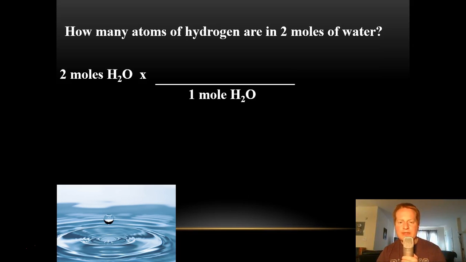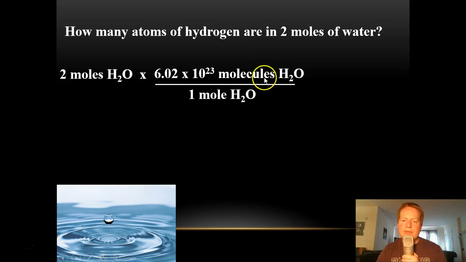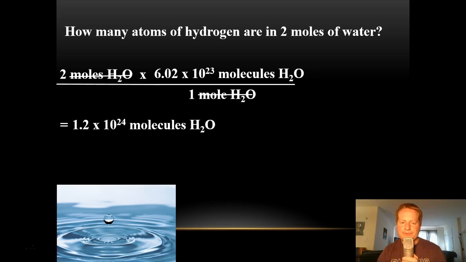The 1 mole's got to be in there somewhere, and we're trying to cancel moles, so it's got to be on bottom. And on top, because we're dealing with particles, we would use 6.02 times 10 to the 23rd. Notice I put molecules of H2O here. So when we solve this, we would get this answer.